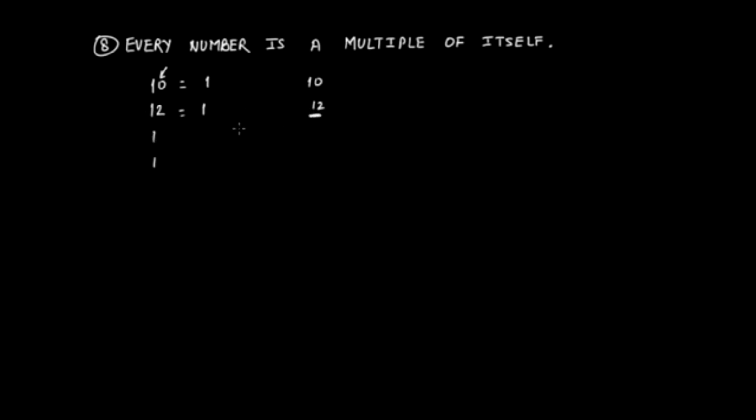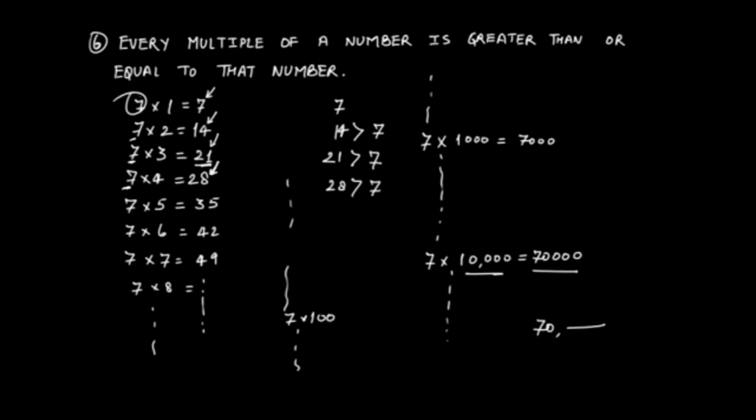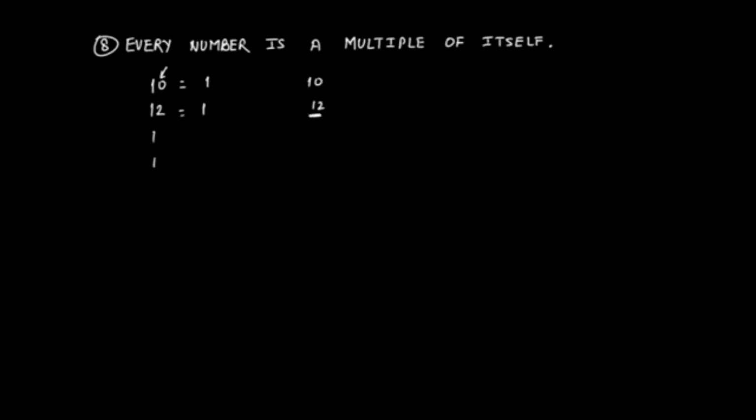Similarly in the case of multiples, you could see here that 7 is a multiple of 7. Similarly, if you write 8 times 1, you would get 8. So 8 is a multiple of 8.